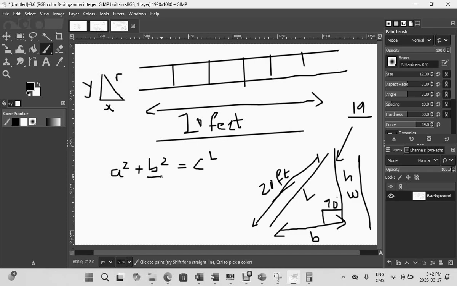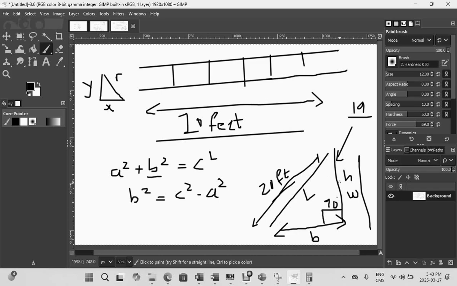And what we're trying to figure out is B, the base. So we know that B squared will be C squared minus A squared. Basically this will be R squared, or the length squared, take away A squared, which is the square of the height.